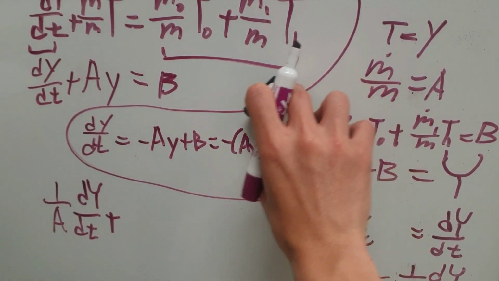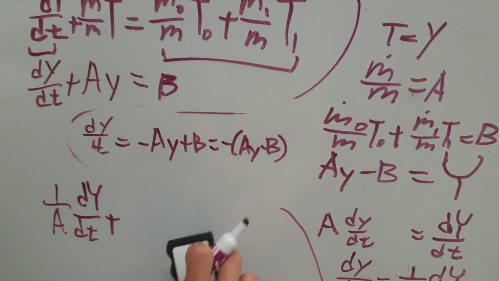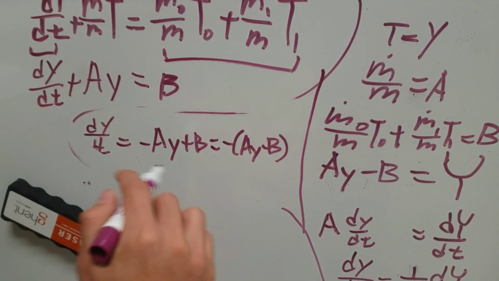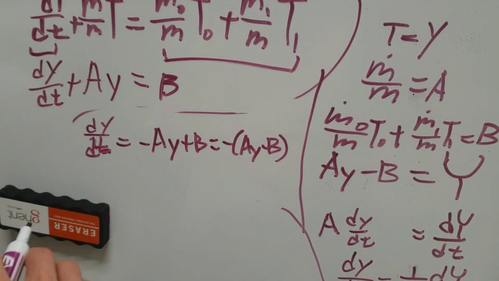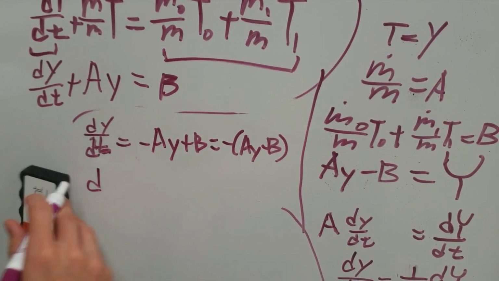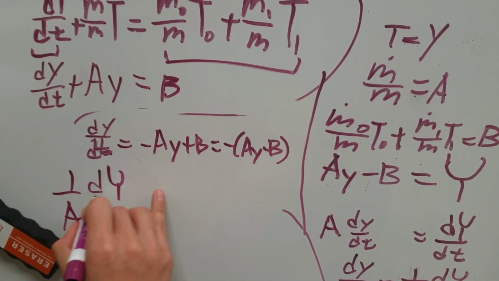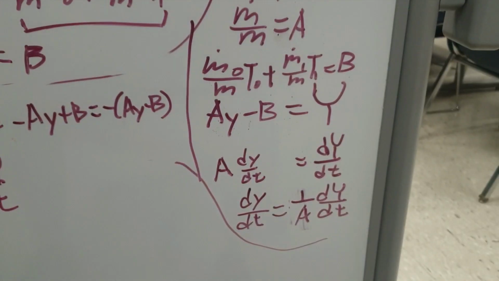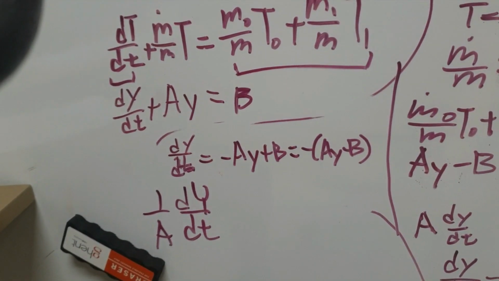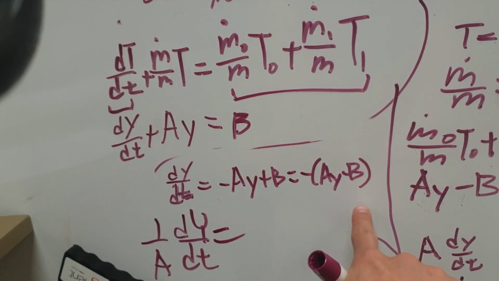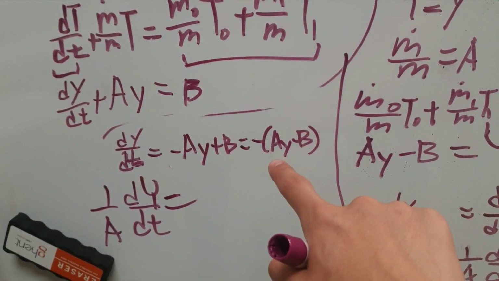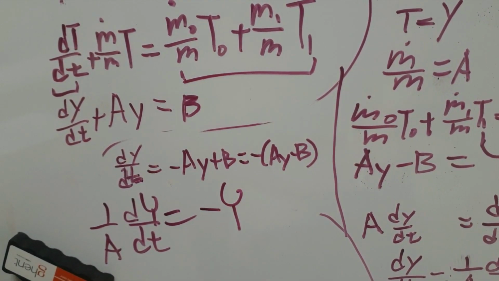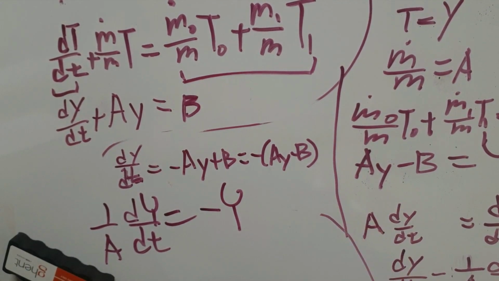Actually, I made a mistake. So this is the whole thing, and I'm solving for this. Small dy over dt is 1 over a big dY over dt, because that's what we did over here. And on the right side we have negative ay minus b. But we said that ay minus b is equal to big Y. So we'll have negative big Y. And we're going to solve for Y, the big Y.